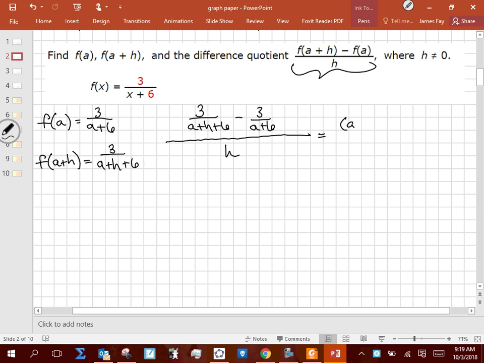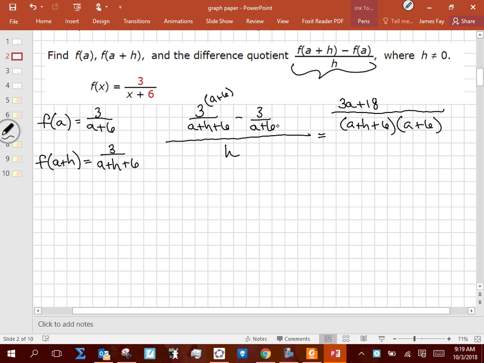Common denominator is going to be a plus h plus 6 times a plus 6, isn't it? Okay. So this is my common denominator for up top. What do I need to multiply this one by here? I need to multiply by a plus 6. So if I multiply the top by a plus 6, the bottom by a plus 6, it's going to be 3a plus 18 up top, correct? Is that okay with everybody?